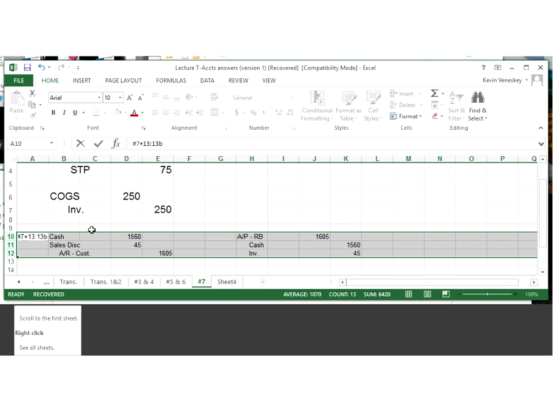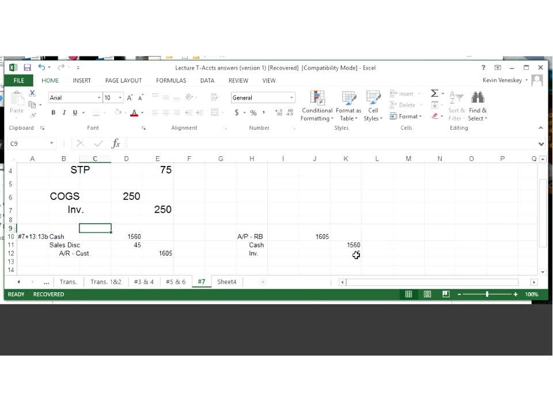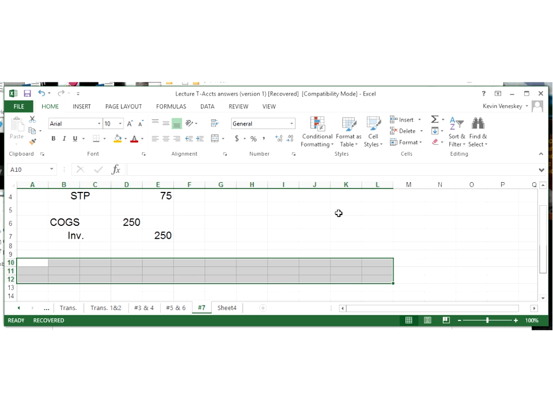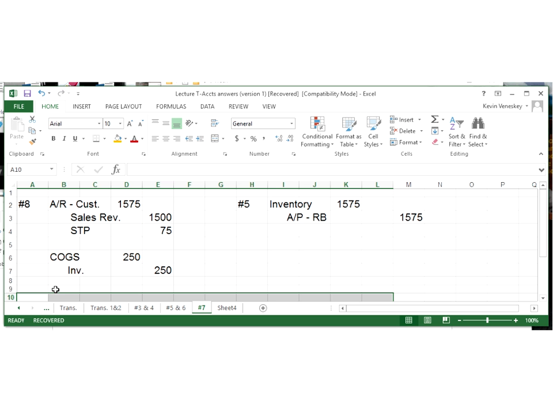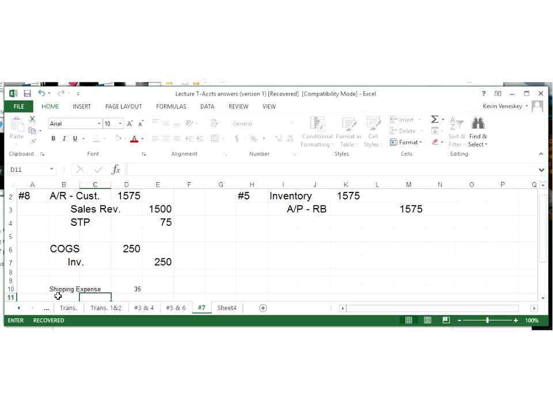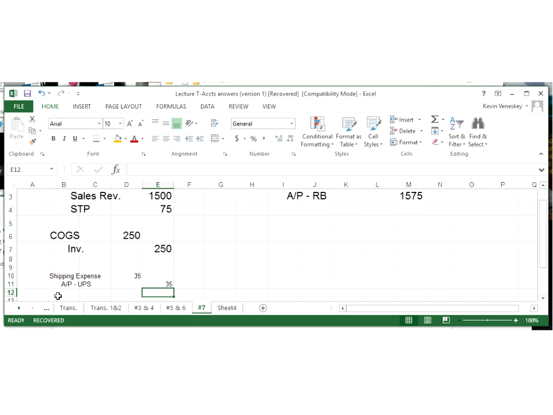The only new thing is the customer doesn't owe me any shipping. That shipping is on me as the seller, and I call that a shipping expense for the $235 that it cost. And again, I'm going to be owing UPS. So the credit stayed the same.